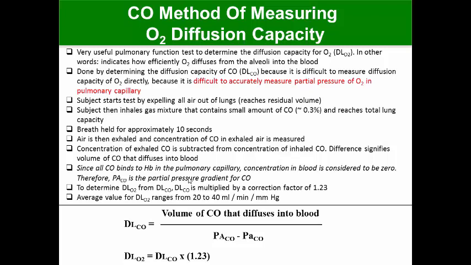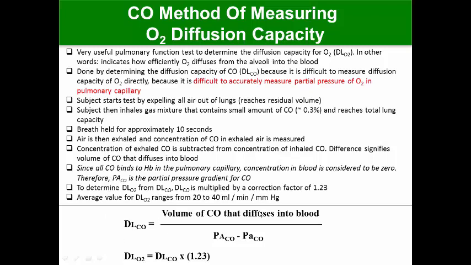The gradient which moves carbon monoxide is the difference between the partial pressure of carbon monoxide in the alveoli minus the partial pressure of carbon monoxide in the blood. But the partial pressure of carbon monoxide in the blood is negligible. So the gradient is the same as the partial pressure of carbon monoxide in the alveoli.